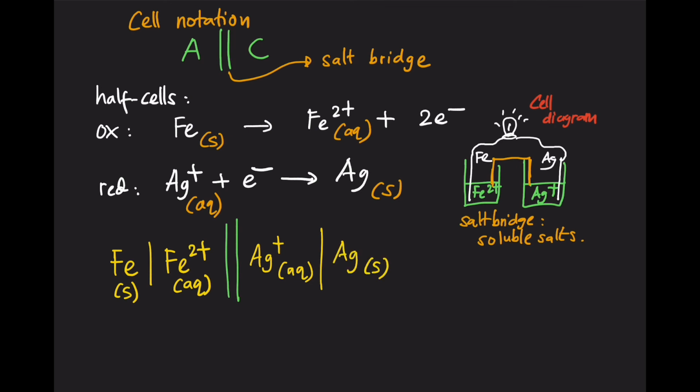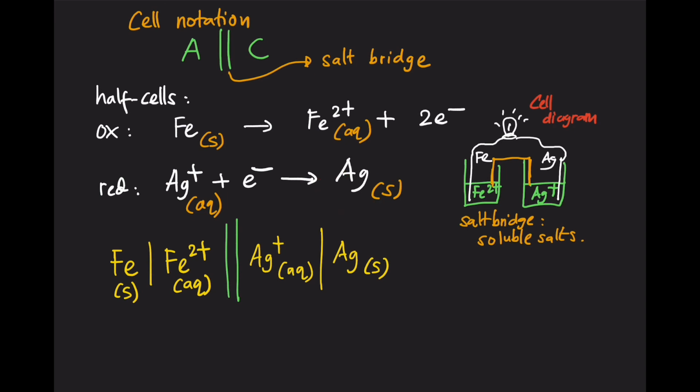So whenever you see this cell notation, that means this cell diagram, where you have Fe and Fe2+ and Ag and Ag+ hooked up together using a salt bridge and a closed loop, where the Fe will release electrons and the released electrons will be received by the Ag+, which will become Ag.